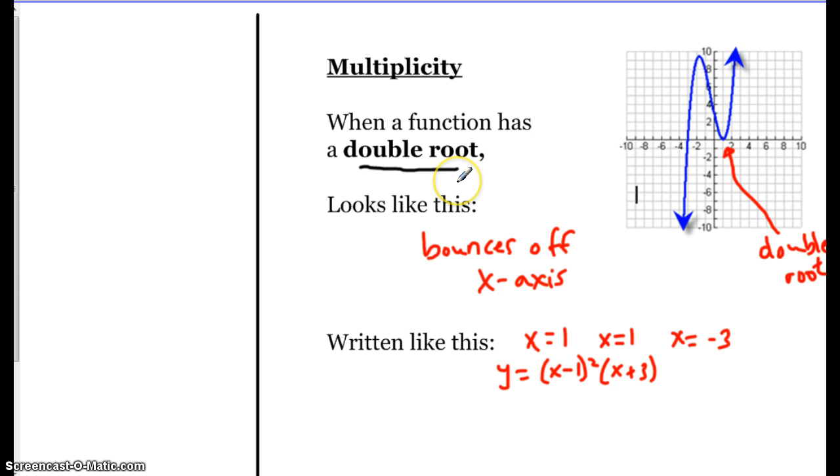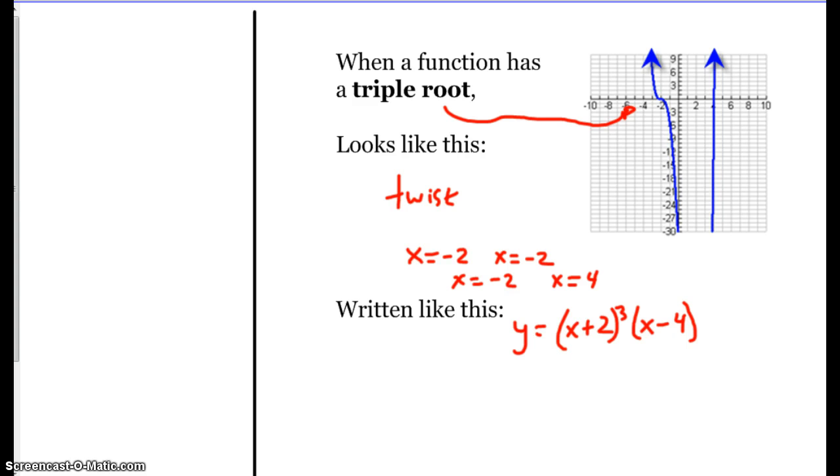So if it's a double root or a root of 4 to the 4th power, it's going to bounce off the graph. But our triple and any odd root would go through the graph, and a single goes through the graph, but the triple has a little twist in here. When you see that twist, it means that root is 3 times, and you would use the 3rd power when you write that factor.